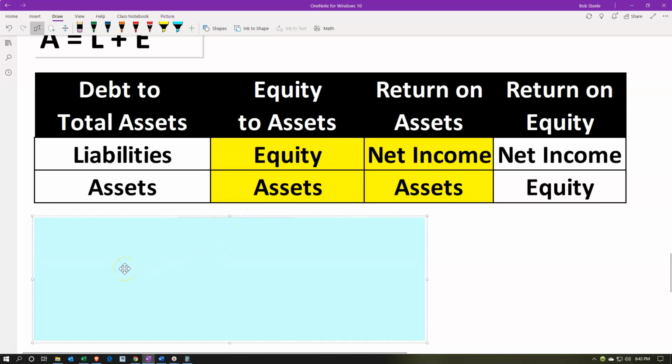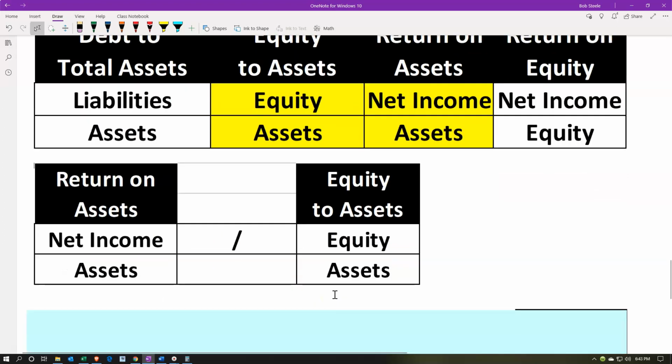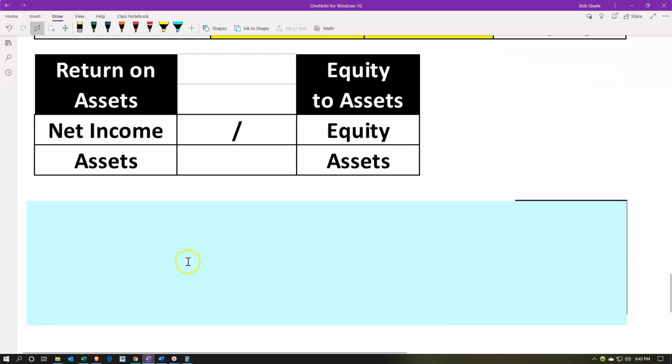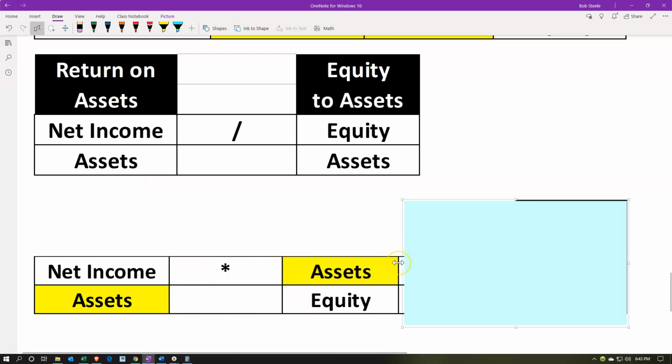Let's take the return on assets. Return on assets is going to be the net income over assets. Notice you have to start with that one, because this is the one we want to be divided by, which means we're going to take the reciprocal of it. So we have the return on assets, net income over assets, divided by equity to assets, equity over assets. Then we take the reciprocal by multiplying times the reciprocal of the second fraction.